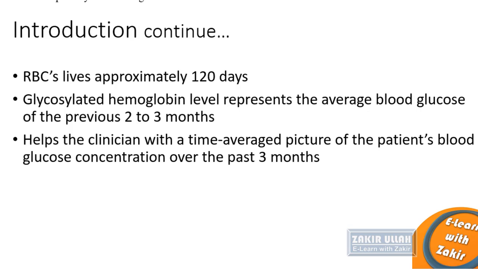And if he has controlled his diet and his glucose level over the past 3 months, the glycated hemoglobin level will also be under control, within normal limits. So glycated hemoglobin helps us find out the average glucose concentration for the previous 3 months.